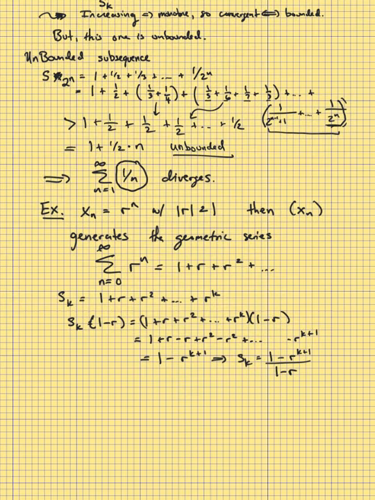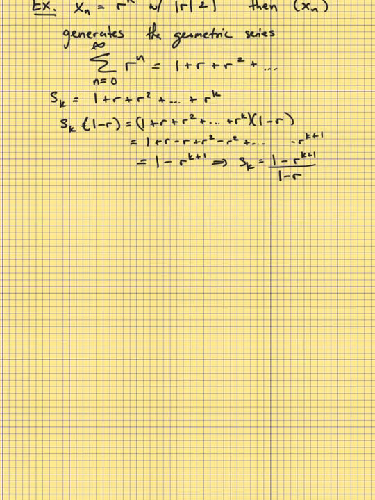Now we want to look at what happens when k goes to infinity. When k goes to infinity, this term will drop out. In particular, the s_k's are 1 over 1 minus r minus r to the k plus 1 over 1 minus r.